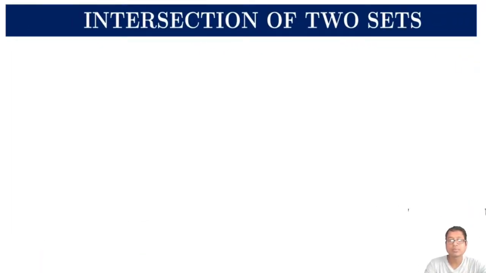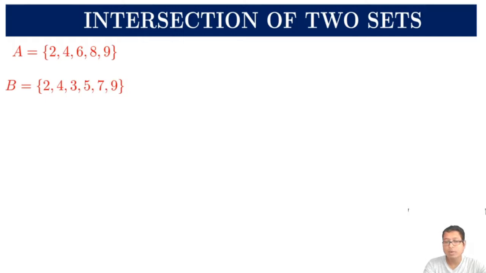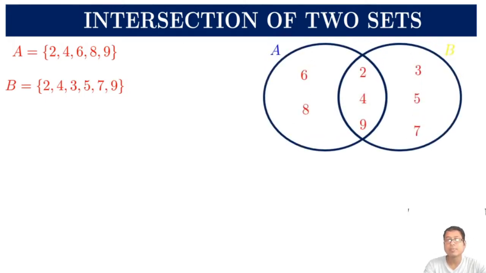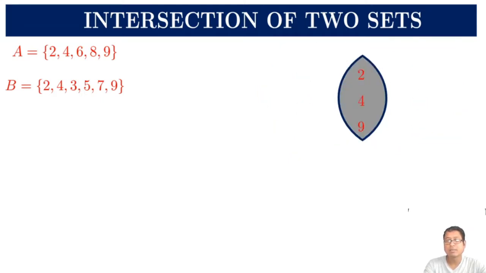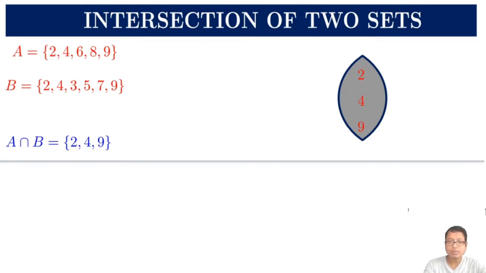This is another operation of set theory. Okay, in the same way, let me consider the example first, then I'll go for the formal definition. This is the Venn diagram, and intersection means the elements present in the shaded portion. That means those are the common elements between A and B. So I can say A intersection B is nothing but 2, 4 and 9.